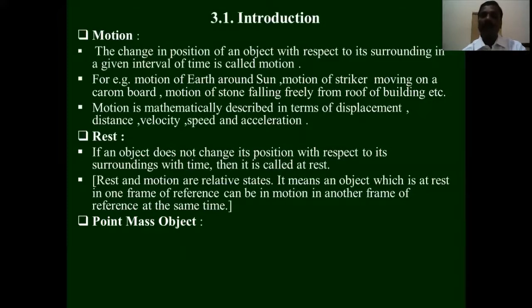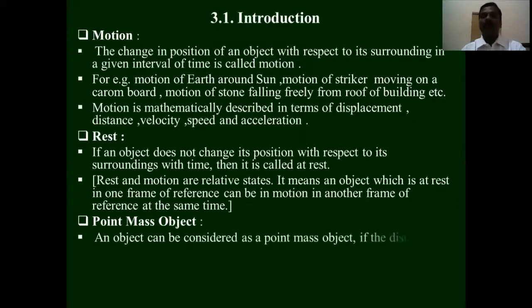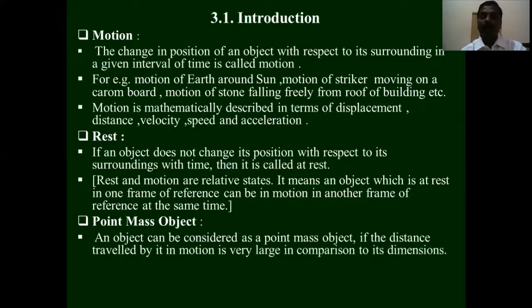Now we know there are very large objects and very small objects. Here in case of the motion, we want to consider the concept of the point object. So what is meant by the point mass object? The object can be said to be or considered to be a point mass object if distance traveled by it is very large as compared to its dimension.